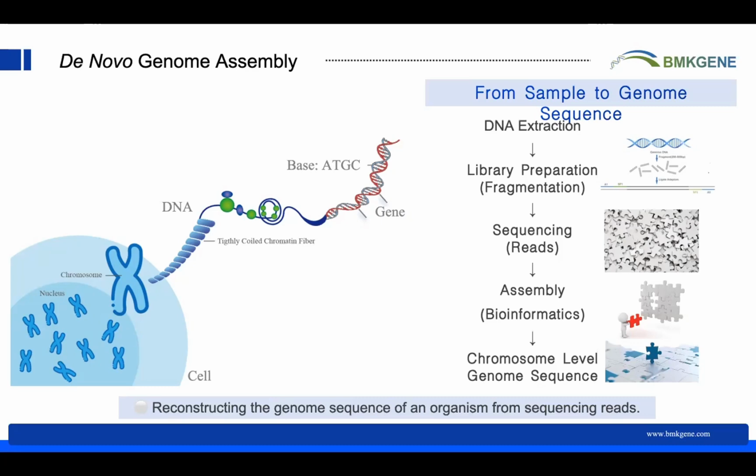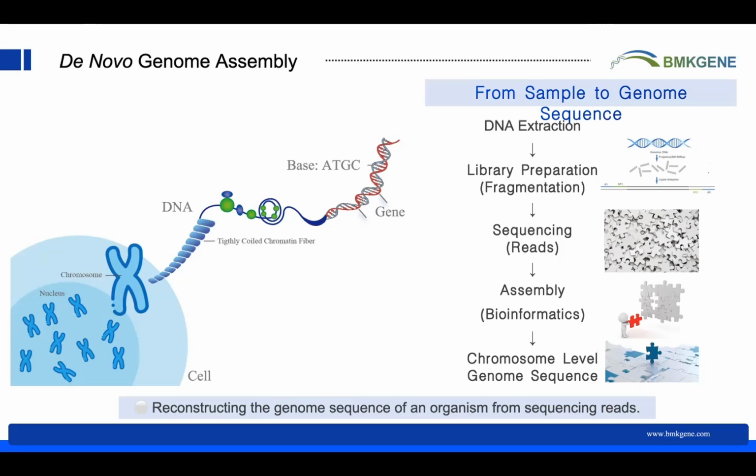So the whole project goes from sample to genome sequence. First, when you start the project, you will need to prepare the DNA extraction from the selected materials. Then you do the preparation for the sequencing. It's more about the library preparation part, since the gDNA is very long. In the library preparation, we will do the fragmentation, then add some adapters onto the fragments to construct a library for the sequencing.